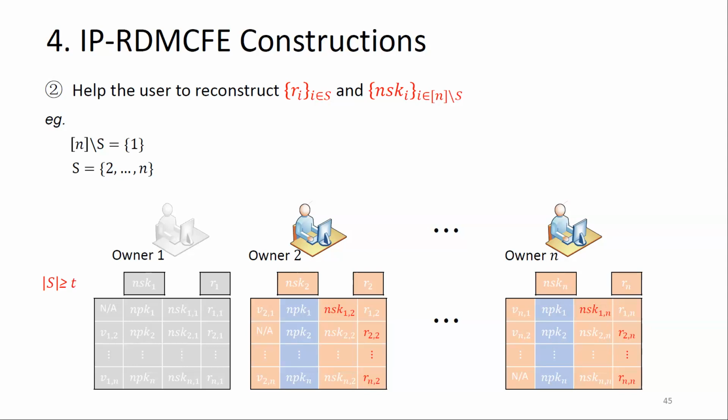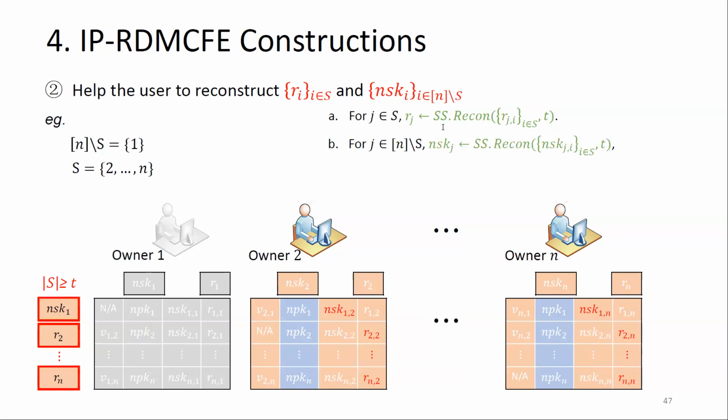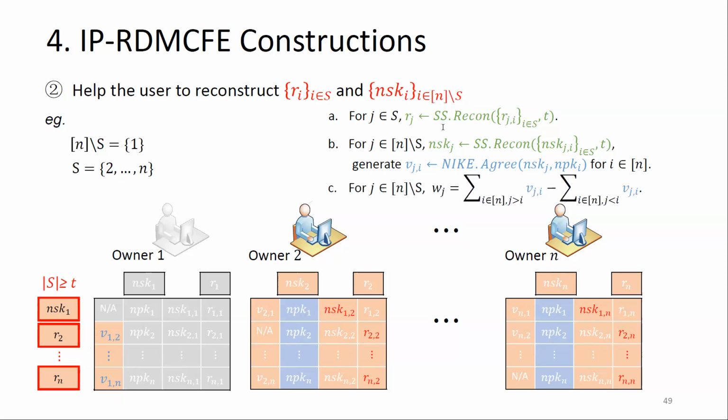If the number of positive owners is not less than the threshold T, the user can reconstruct these values, which are used to compute W1.